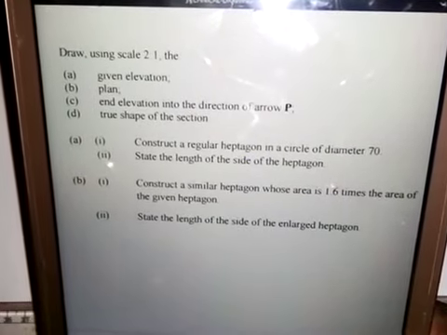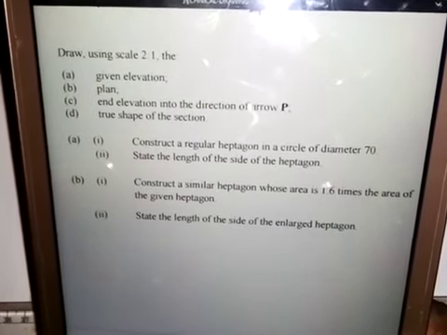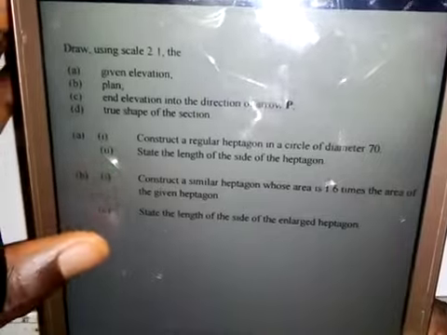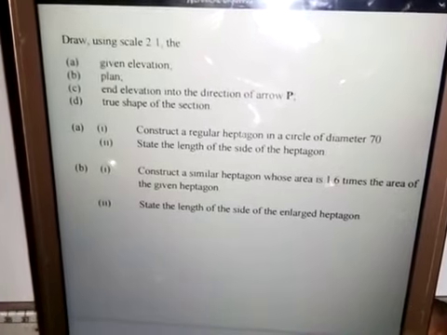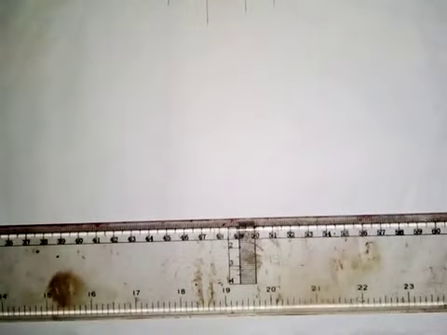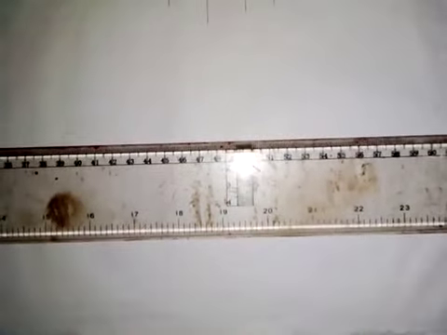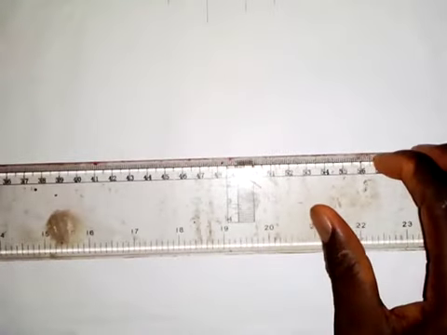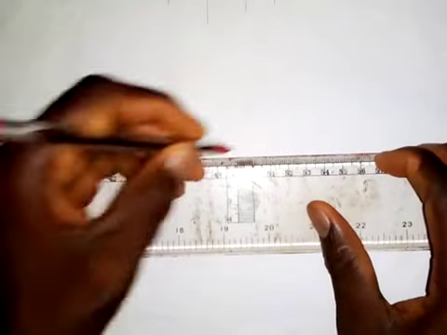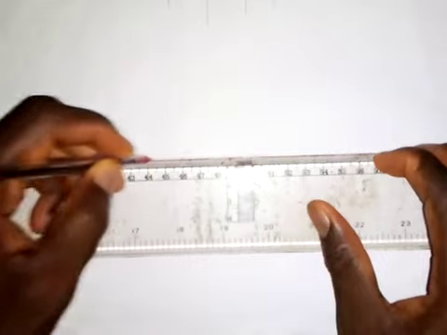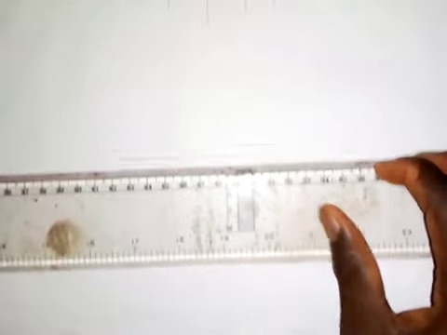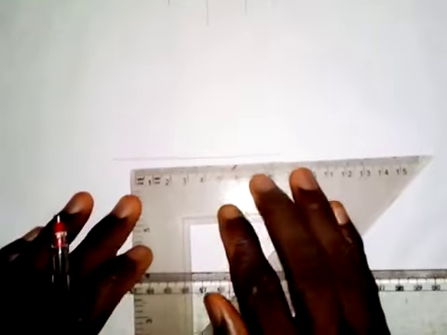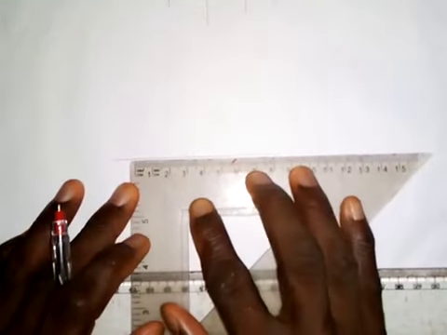Okay, so what we need to do first is to construct the heptagon, with the diameter of the circle given, which is 70 millimeters. Let's see how this can be done. The first thing we need to do is to draw a horizontal line like this. On this line I'm going to take a measurement of 70 millimeters.